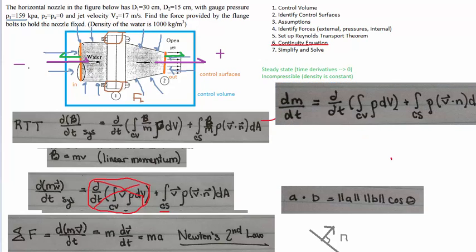And again, we use the same assumptions. We say that, okay, steady state, time derivative is 0. And we also say that mass is conserved. So we're invoking conservation of mass, and that tells us that the change of mass in the system over time must also be 0, which seems like a pretty reasonable assumption to make.